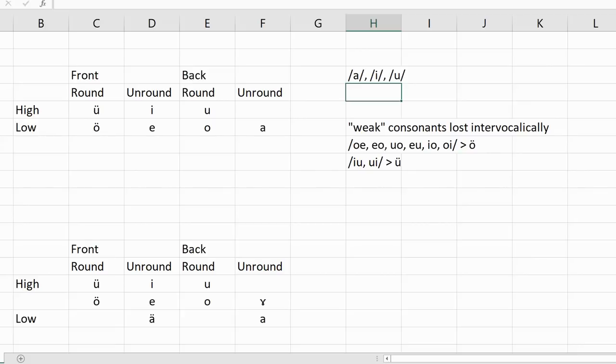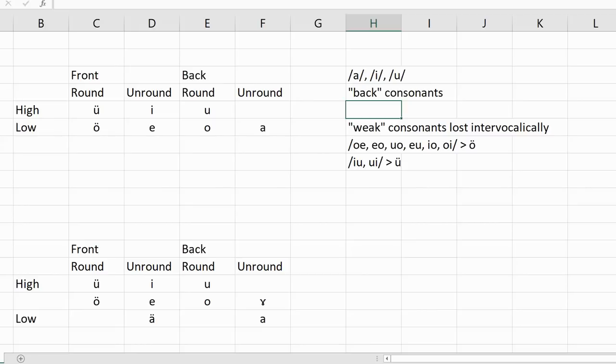And the reason why that occurred to me is because of the possibility, let's say that we also had a class of, for lack of a better term, back consonants. And the back consonants would be things like uvulas or pharyngeals or things like that, which have a tendency to pull vowels down and back.